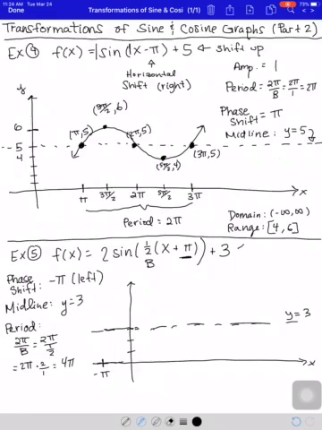So that means if I start at negative pi, well, what is 4 pi later? Well, let's see. 1, 2, 3, 4. This over here should be 3 pi, right? If I do negative pi plus 4 pi, that should bring me to 3 pi. And now we can label all of these x values in between. I know halfway between negative pi and 3 pi, again, we can just take their average.